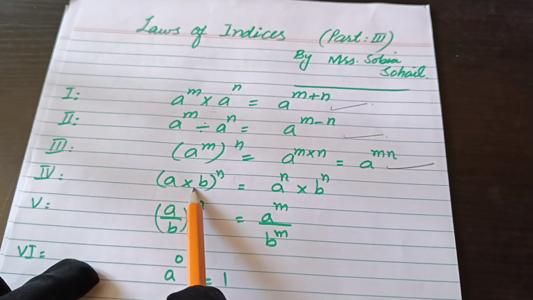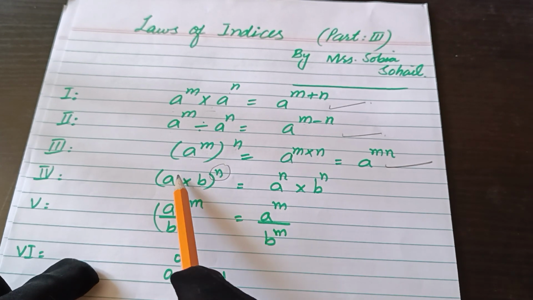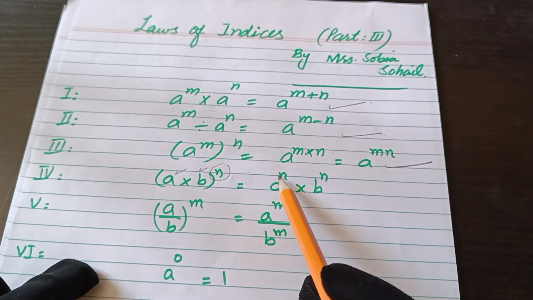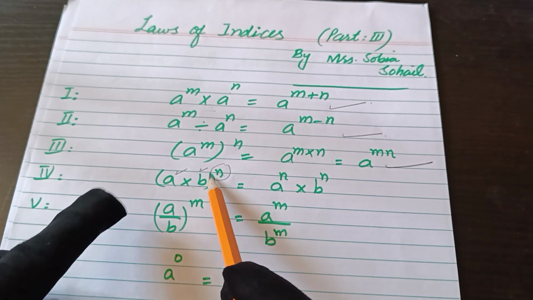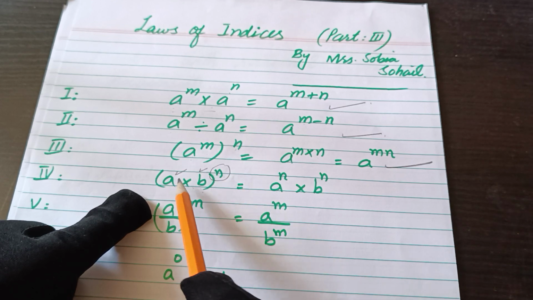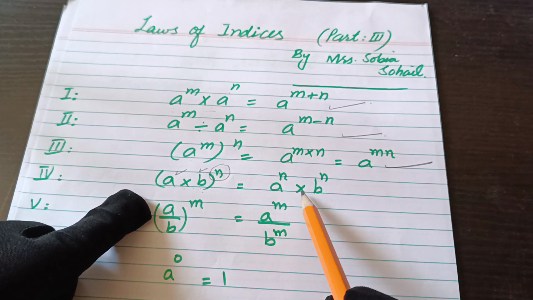Or if they are different numbers with different variables, distribute this exponent to both the first number and the second number, and it will be a exponent n multiplied by b exponent n. Means when you are opening the bracket, the exponent will be given to both and the relation between them will remain the same.